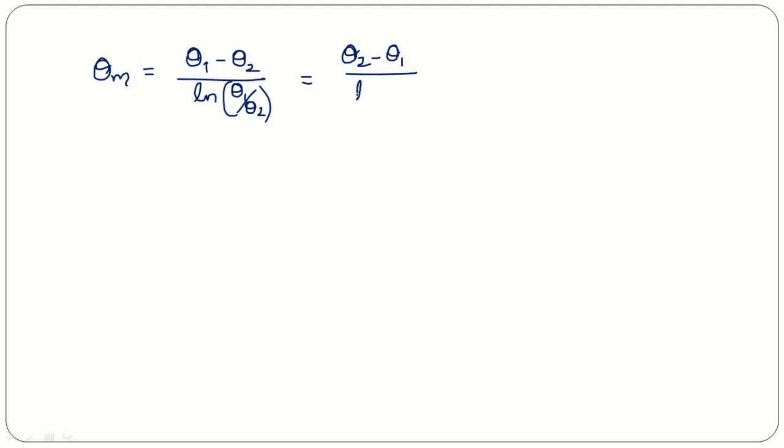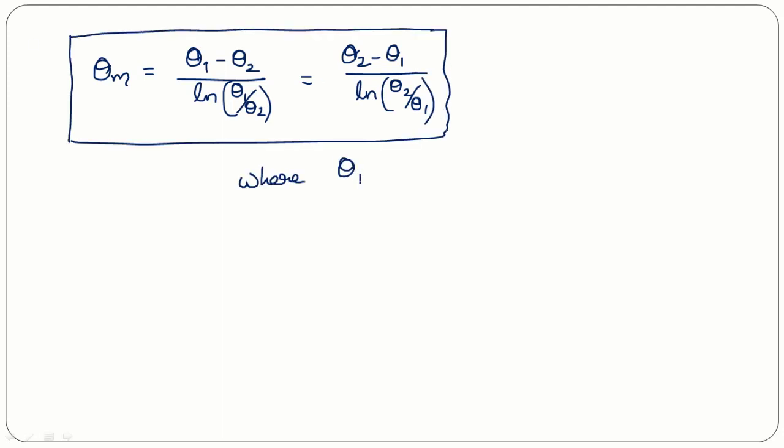Now, we can also write this theta m like this: theta 1 minus theta 2 by ln theta 1 by theta 2, or theta 2 minus theta 1 by ln theta 2 by theta 1, where theta 1 is Th1 minus Tc1 and theta 2 is Th2 minus Tc2.